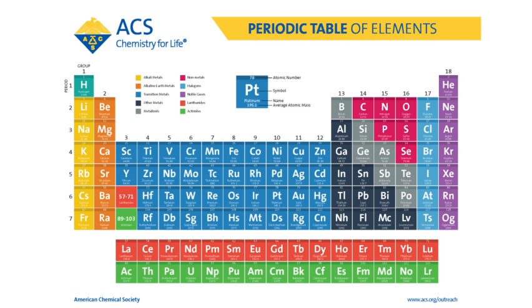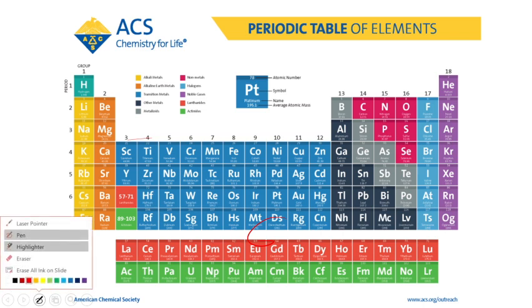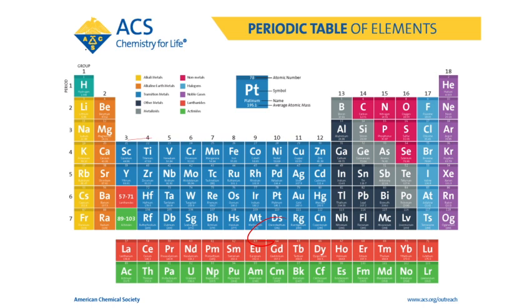So looking back at the periodic table, hopefully we all remember that we have some common charges here. Group 1, all plus 1, group 2, all plus 2, group 3, plus 3. Here, group 4, or column 14, plus or minus 4, depending on the situation.